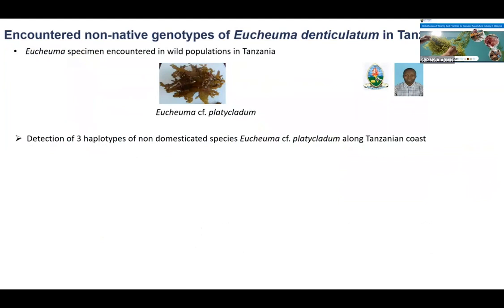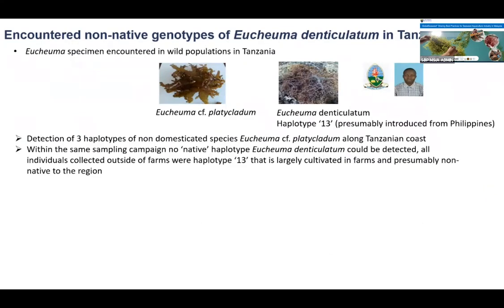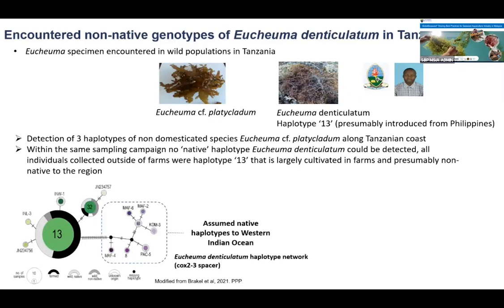In a sampling campaign led by GlobalSeaweedSTAR ESR Sadogrosveka, he encountered 3 haplotypes of the non-cultivated species Eucheuma platycladum. For Eucheuma denticulatum, a number of specimens have been encountered. However, all of these were determined as the cultivated haplotype introduced from the Philippines, and none of the specimens could be attributed to the native Western Indian Ocean haplotype of Eucheuma denticulatum that we had expected based on the baseline review and as depicted here.